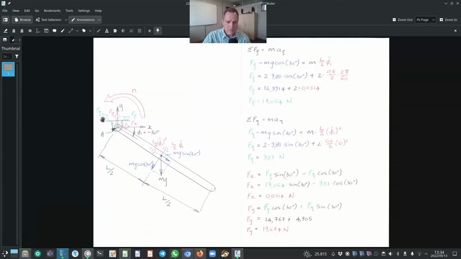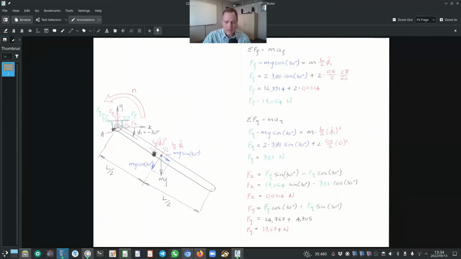That's F eta in the positive eta direction, and then this component of the weight, mass times gravitational acceleration times sine of 30 degrees, is acting in the negative eta direction, and that's why we have minus mass times gravitational acceleration times sine 30 degrees. That equals the mass of the pendulum rod multiplied by the acceleration in the eta direction.